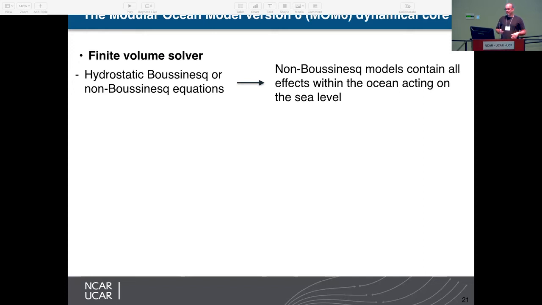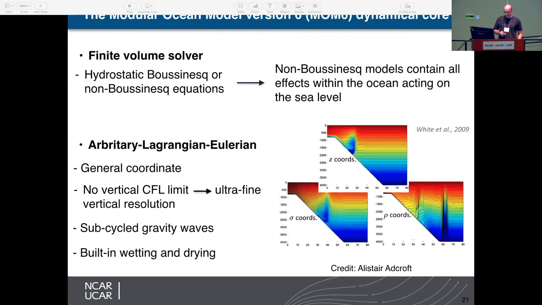Switching now to MOM6, the new model. This is a finite volume solver. It has the hydrostatic approximation, and either the Boussinesq or the non-Boussinesq approximation, so you can run in both modes. Out of the box, you run in the Boussinesq mode. If you would like to run in the non-Boussinesq mode, that's mostly for things like studying sea level rise, since the non-Boussinesq mode lets you understand the effect of the ocean on sea level rise in a more complete way.